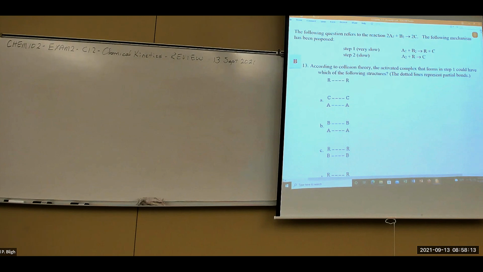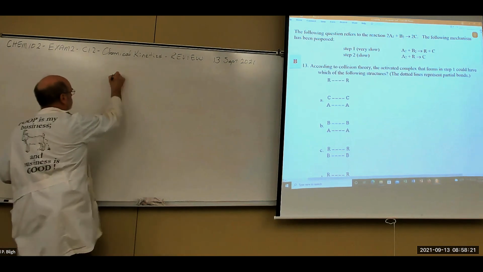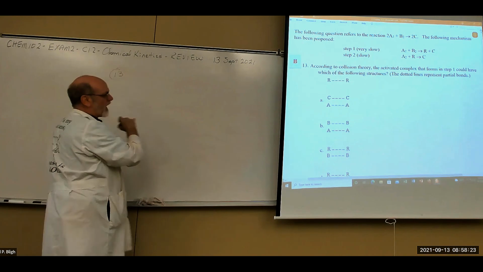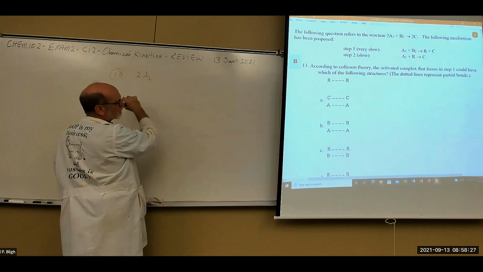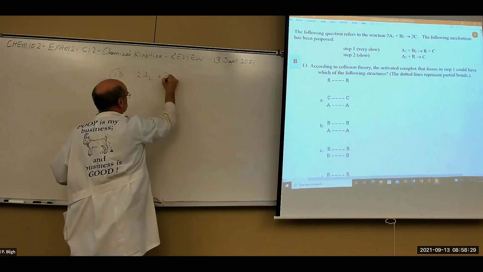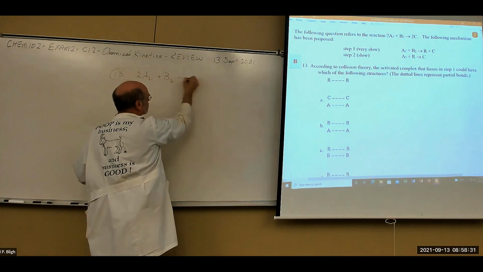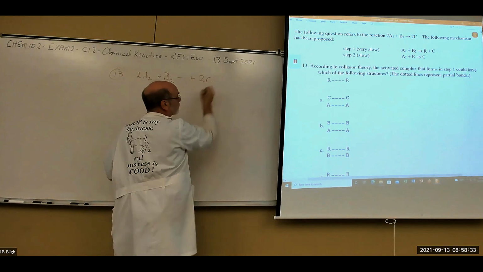Final question refers to the reaction 2A2 plus B2 yields 2C. So before I scroll, let me write that up here. 13. The overall reaction is 2A2. That looks familiar. I think we did that one earlier. Use that equation over there.